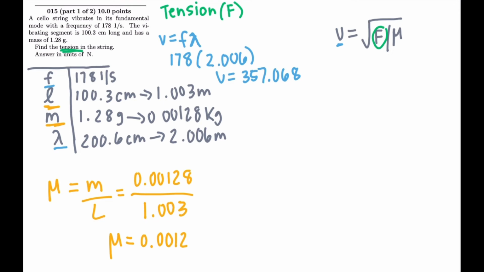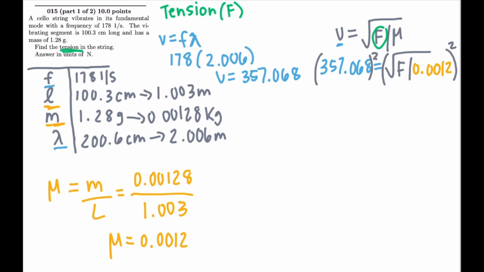So our velocity, which is 357.068, is equal to the square root of F divided by our linear density, which is 0.0012. Okay, now in order to get rid of the square root, we need to square it. So square it on both sides.